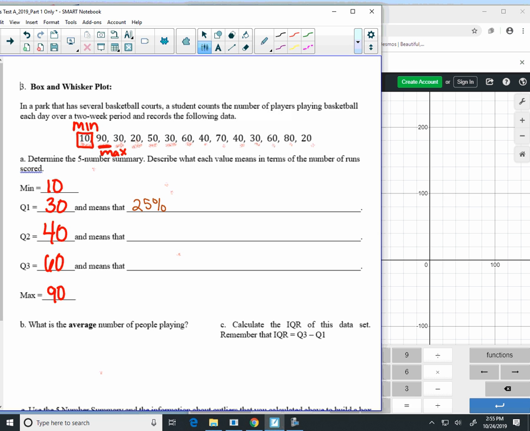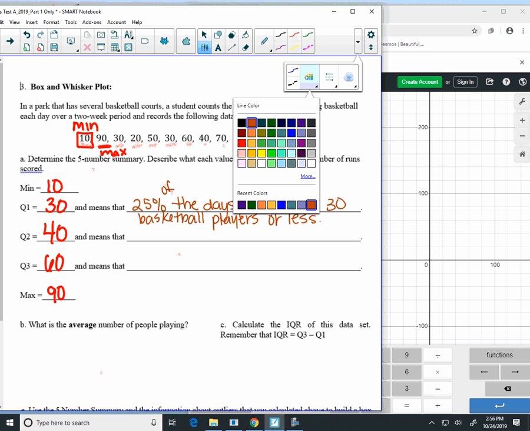It says, a park has several basketball courts, and the student is counting the number of players each day. 25% of the days there are 30 basketball players or less. Or fewer. You can use the word fewer as well.